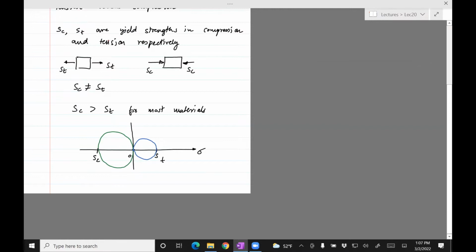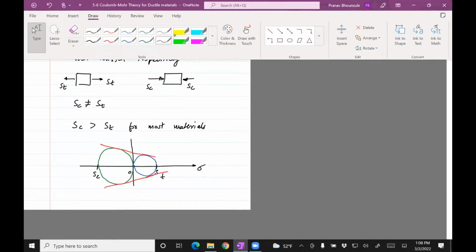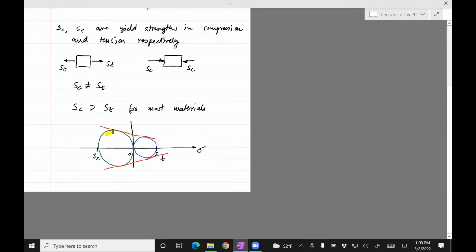So what we have now is an envelope. If you take a line and draw it such that it just touches the two circles, then the area between those lines is the area which is considered safe.